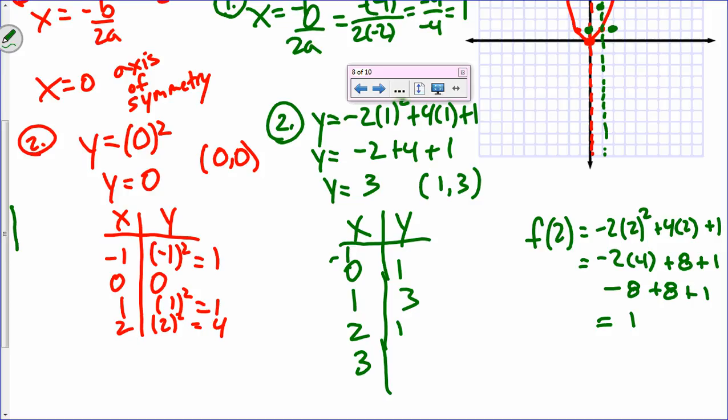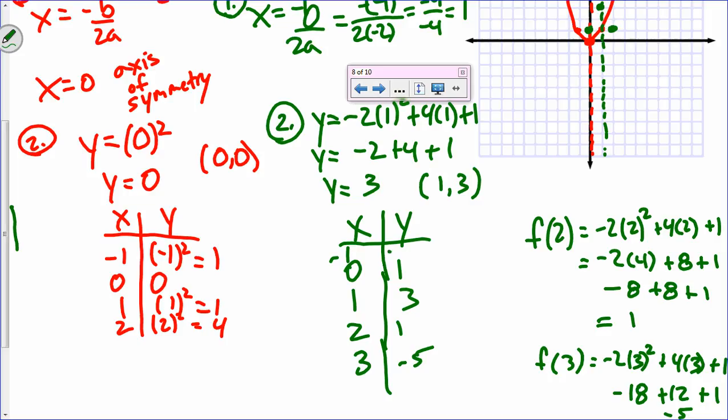Okay. Let's substitute in 3. F of 3 is going to give us -2 times 3 squared plus 4 times 3 plus 1. So that's -2 times 9, that's -18, plus 12 plus 1, which should be -5. And then -1 should also have a point that corresponds to -5.